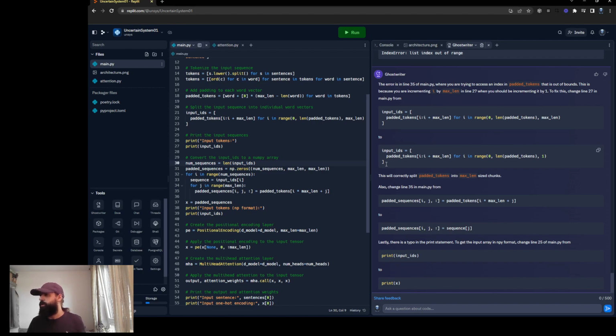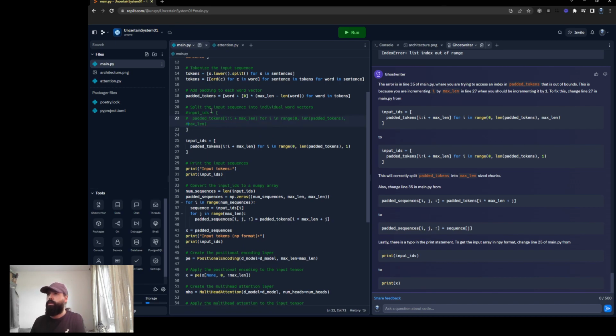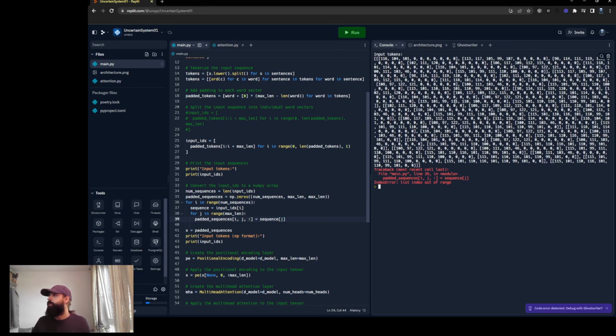I'm not so sure I want to do these, because if I do these, and then change that back to these, it doesn't break anymore, but then yeah, it's giving me the same error.